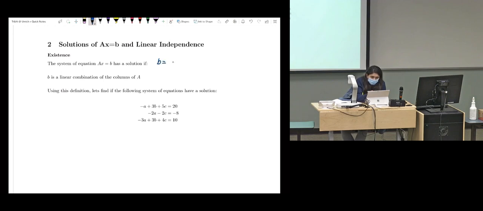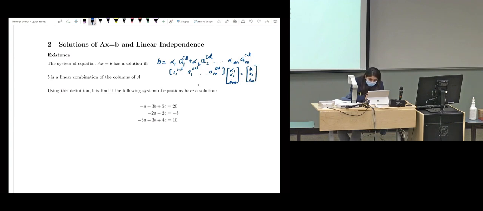If I can write B as alpha 1 times the first column of A plus alpha 2 times the second column of A up to alpha m times the mth column of A, what I've essentially written down is the first column, second column, up to the mth column, and this can be written down as alpha 1, alpha 2 to alpha m equals b1, b2, bm.